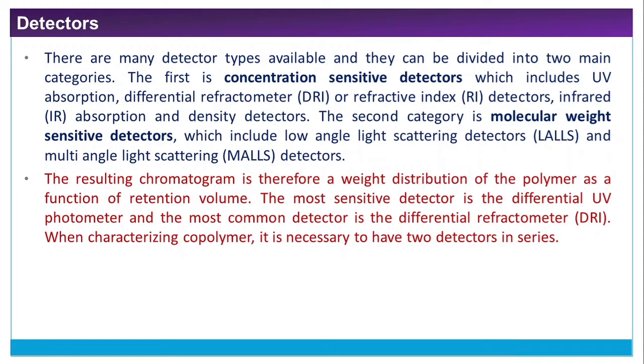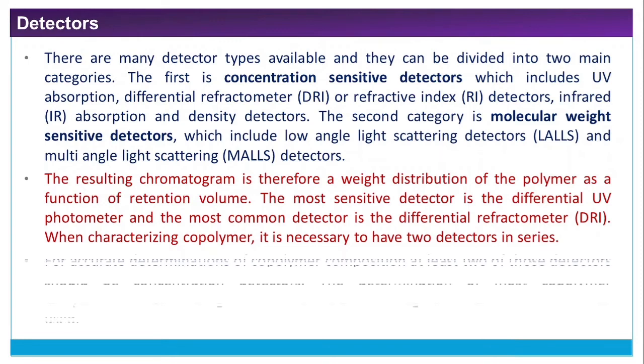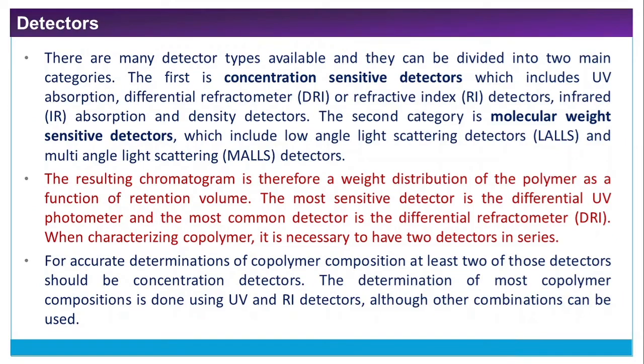So for better characterization of the components in the eluate, it is necessary to use two detectors in series. For the accurate determination of copolymer composition, at least two of these detectors should be concentration detectors. Most copolymer compositions are determined by UV and RI detectors, that is refractive index detectors, although other combinations can be used.